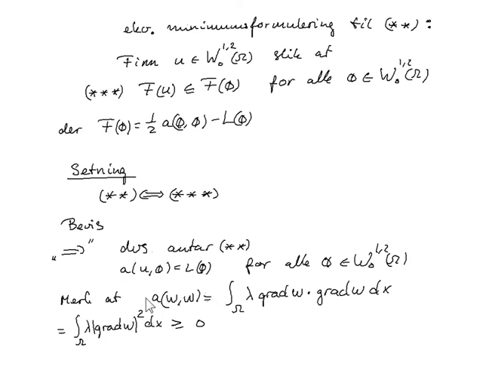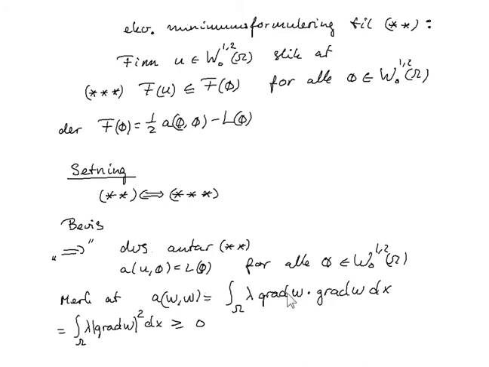We will also note that A of any function W will always be positive, due to this. You remember the definition of this bilinear form. It was given by this integral, and now we have W in both places here.